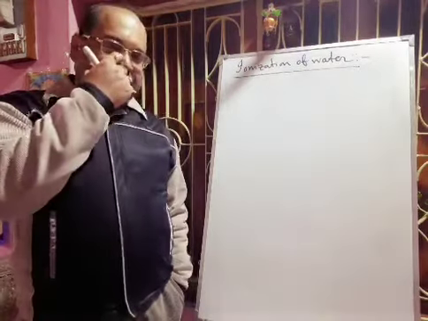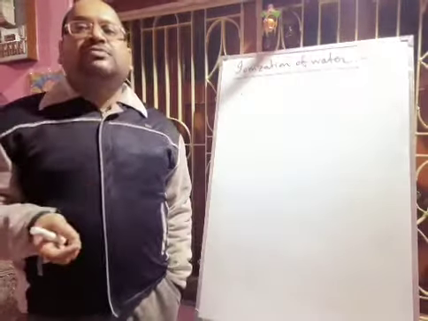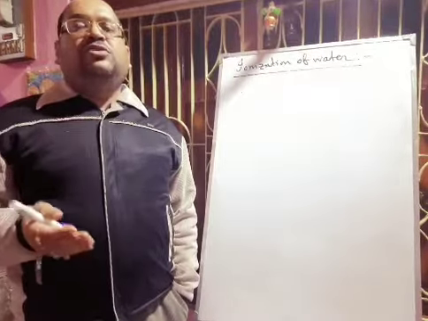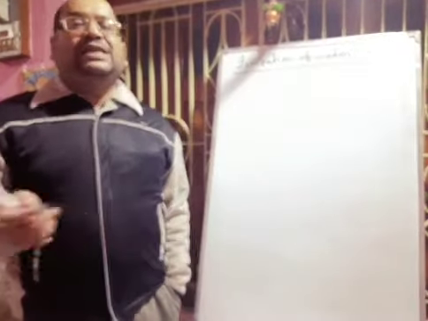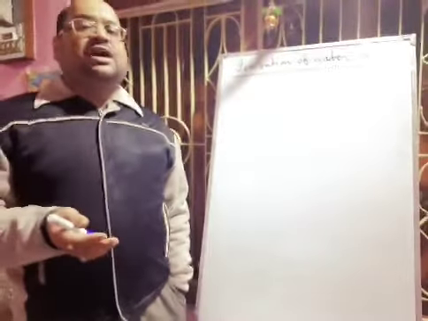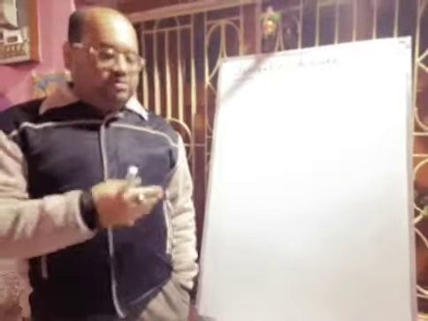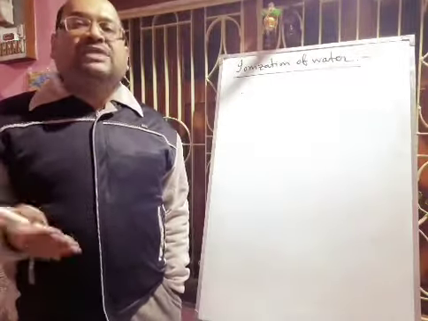Definitely there is some limitation. pH values of the solution do not give the exact idea of the relative strength. If you calculate, I will show you, 10 to the power minus 8 molar HCl.